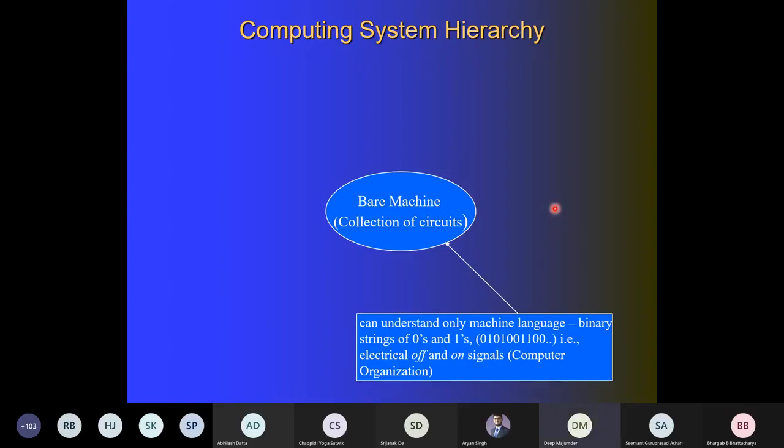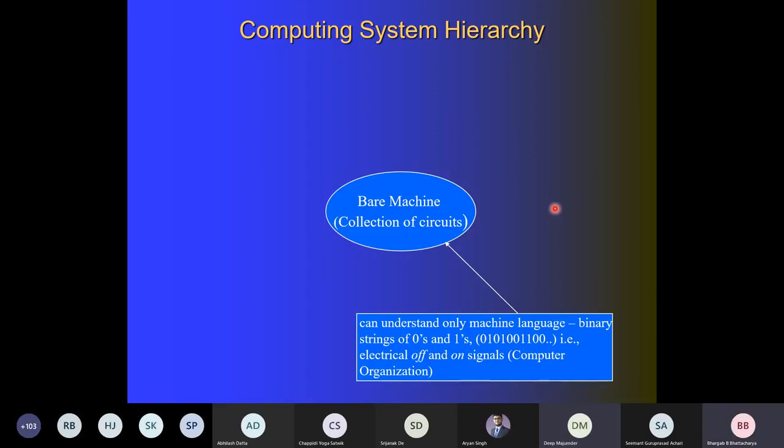Gates. Gates, okay. So gates are combinational components. You have latches, or flip-flops. Latches can also be constructed by interconnecting gates. Agreed? So you have combinational circuits.